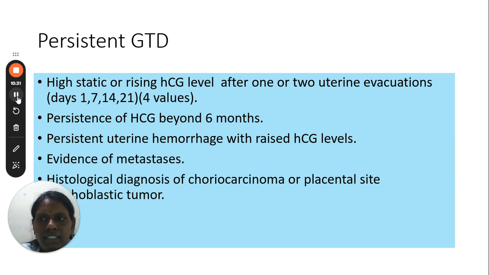Persistent GTD: high, static or rising HCG level after 1 or 2 uterine evacuations, on days 1, 7, 14 and 21, 4 values. Persistence of HCG beyond 6 months, persistent uterine hemorrhage with raised HCG levels, evidence of metastasis, histological diagnosis of choriocarcinoma or placental site trophoblastic tumor.